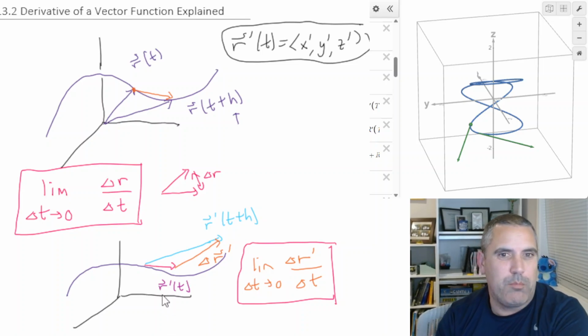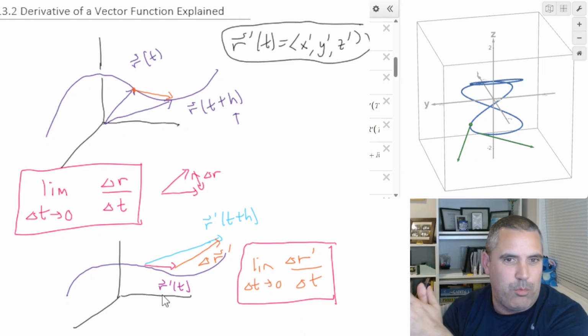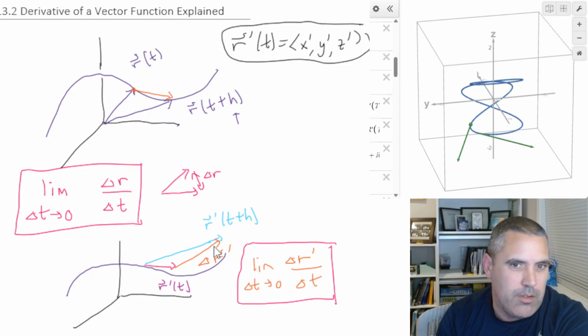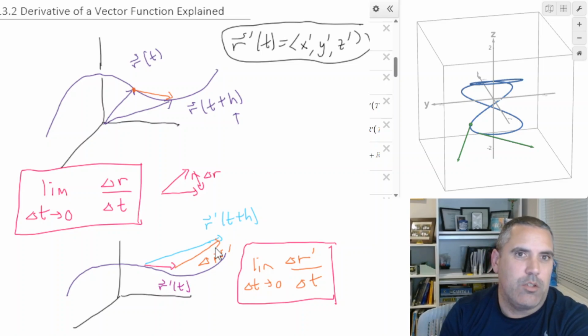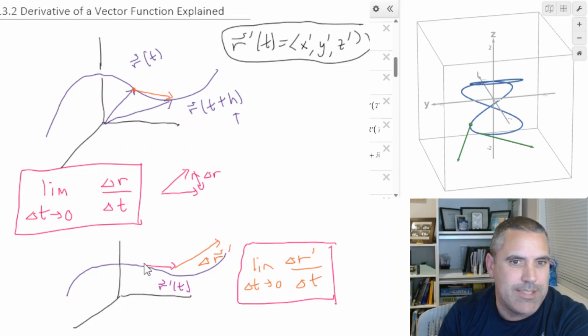Why does it point inward? Because if you go forward in time, the vector is going to point towards the direction you turn. It's also going to point forward a little bit if you're going faster. Now, if we had slowed down, then the second vector would have been shorter. And this is really what's interesting about the acceleration. The acceleration is intimately tied to forces.